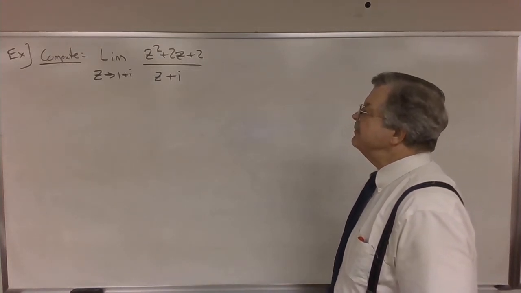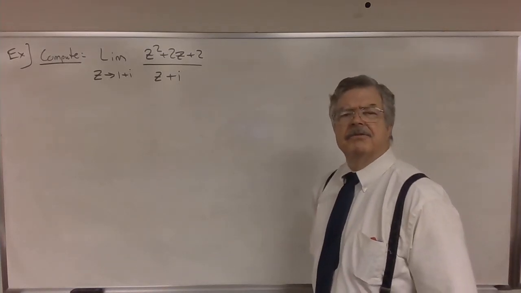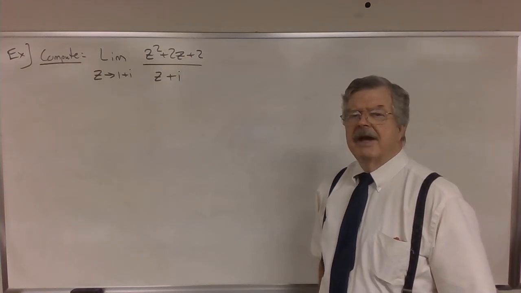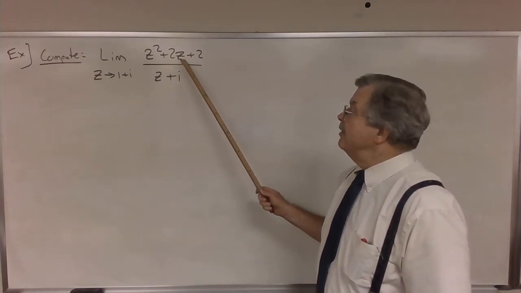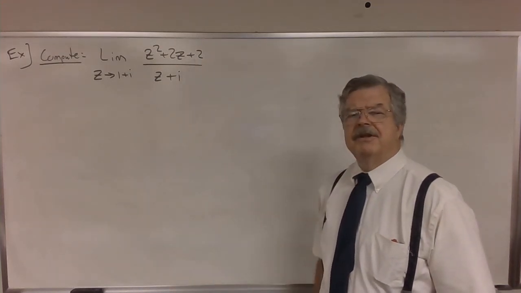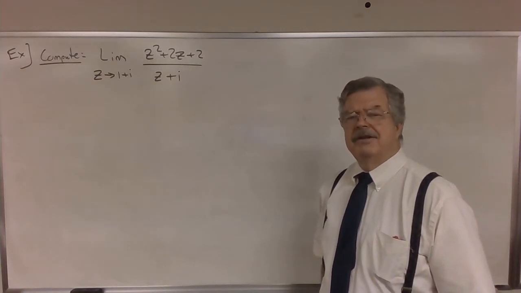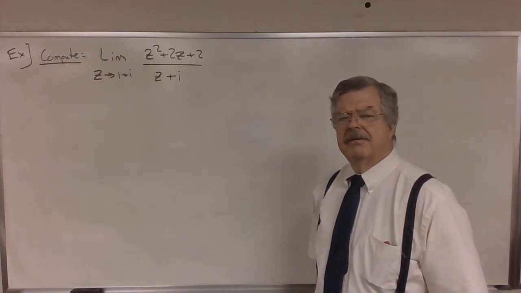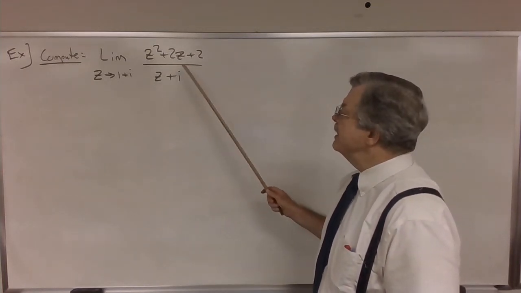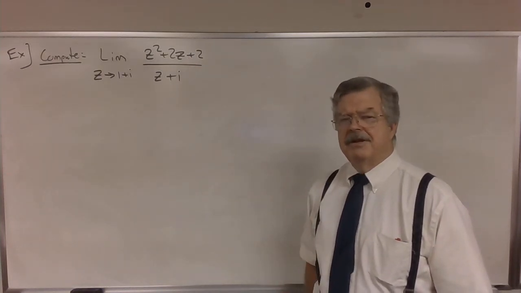Okay. Here's what I see. I see the limit of the quotient of polynomials. And polynomials, okay, the quotient of polynomials is the quotient of continuous functions. So therefore, it is a continuous function. Let me run that by you again. We have the limit of the quotient of polynomials. But polynomials are continuous.